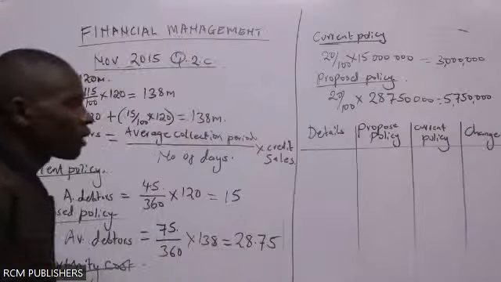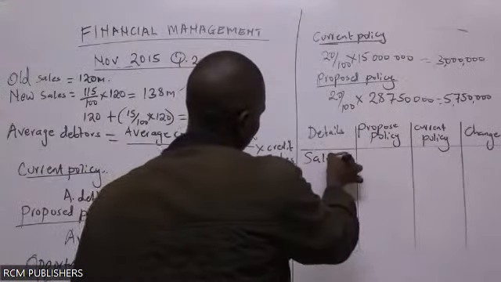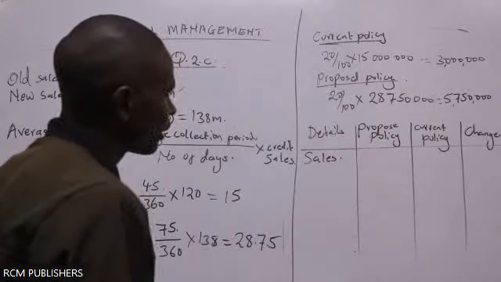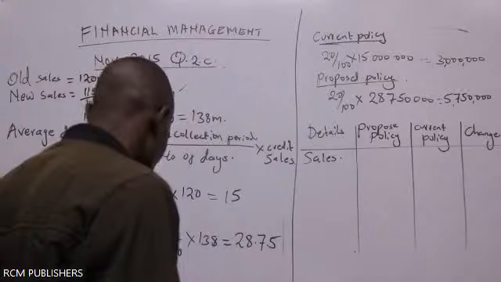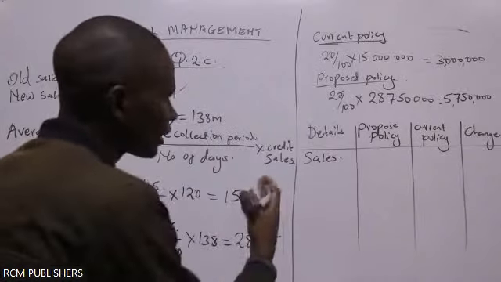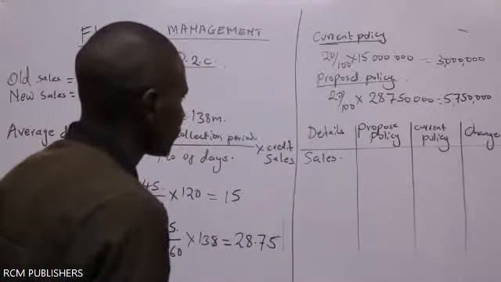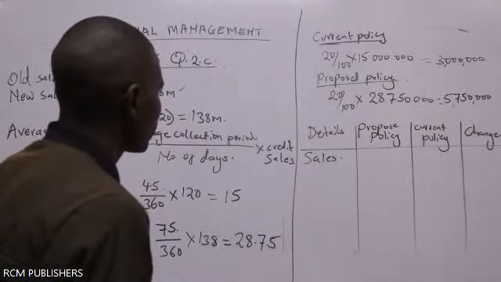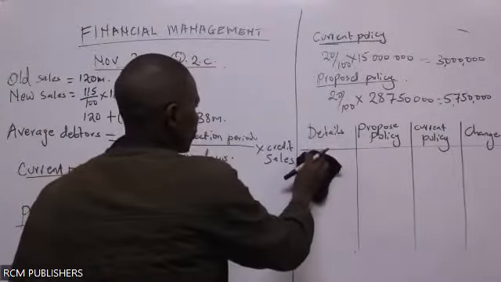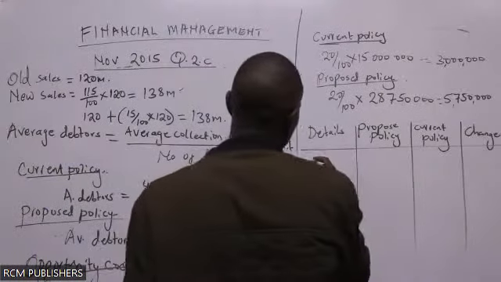So let's now have our sales. Kuna sales zetu. Sasa niache 03 ama nisonge na 03. Unajua? Let's see. That space is enough. I can put my million there. Okay, 138 million. You manage space using the elimination of zeros.